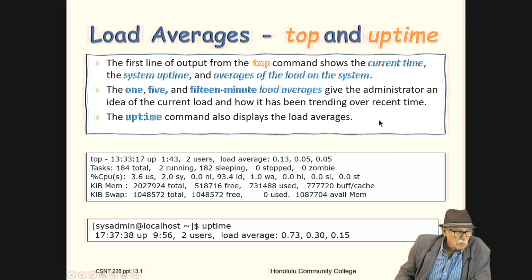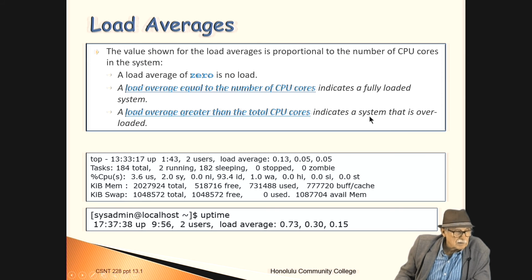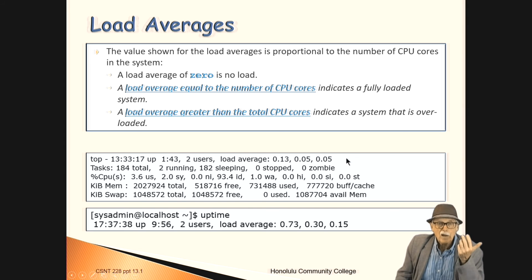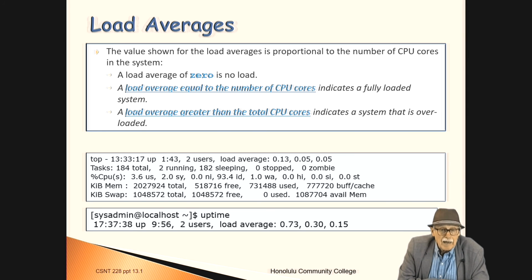Now, what that load actually is, it's proportional to the number of CPU cores in the system too, but if the load average is greater than 1, let's say you see a load average of 1.5 or a load average of 2, well, it tells you, on average, how many of the processes are waiting to get onto the CPU.